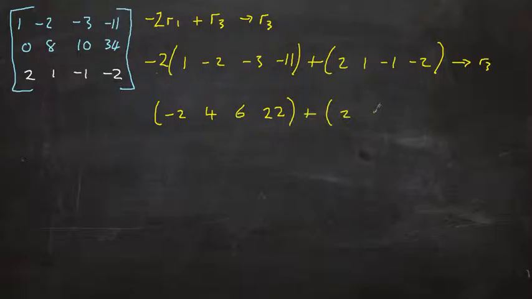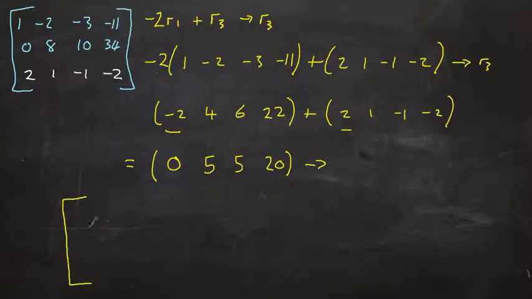Added to 2, 1, minus 1, minus 2, element by element of course, is going to give us minus 2 plus 2, gives us the 0 that we needed. 4 plus 1 is 5, 6 plus minus 1 is 6 minus 1 is also 5, and 22 plus minus 2 is 22 take away 2, gives us 20, and we're going to put that as row 3.